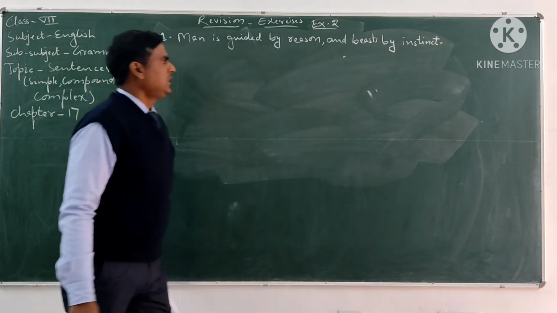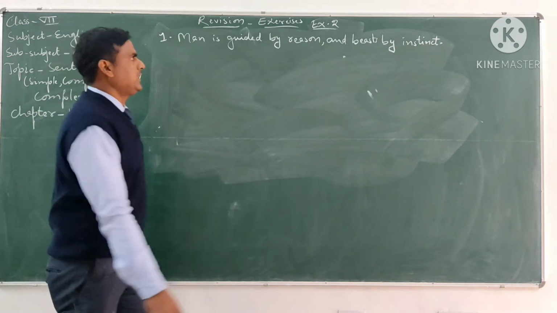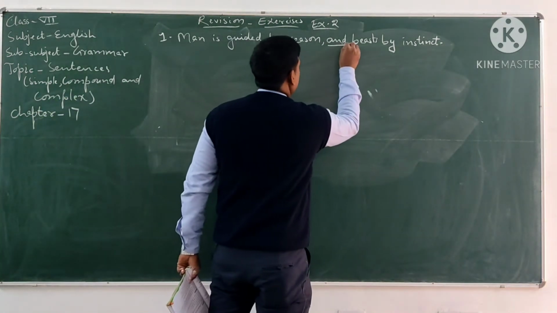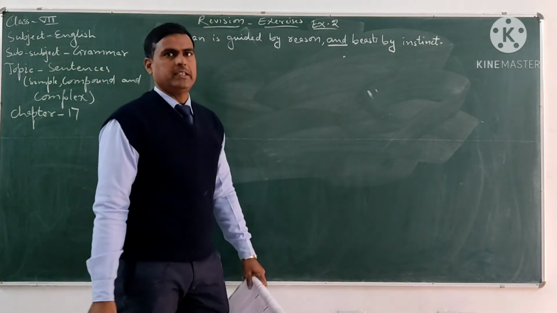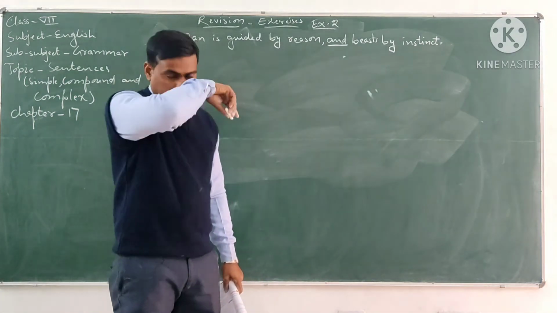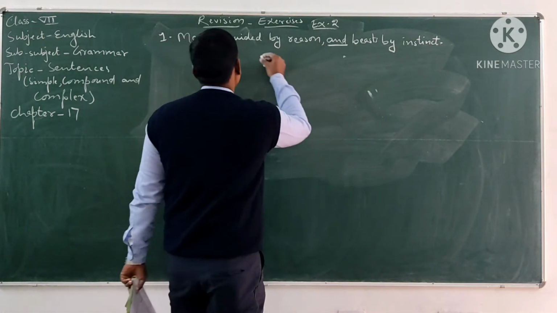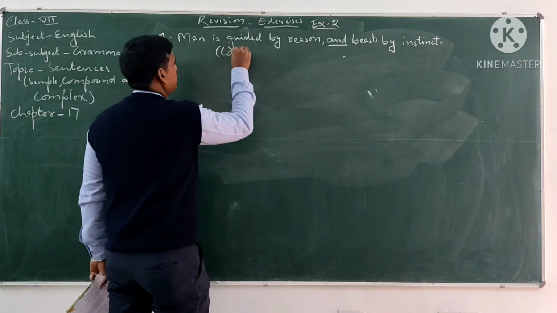So this is a compound sentence. It is joined with the help of the coordinating conjunction and. So this is a compound sentence.